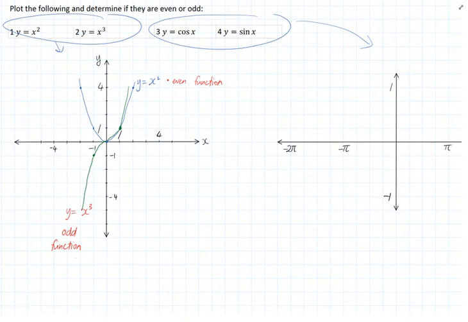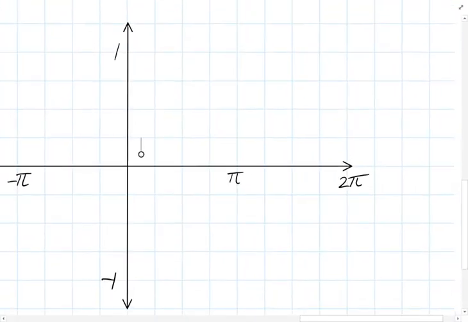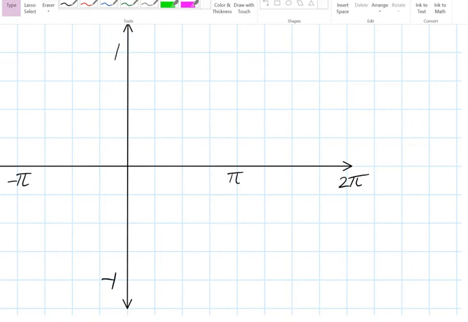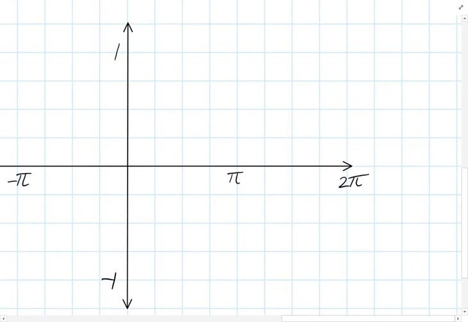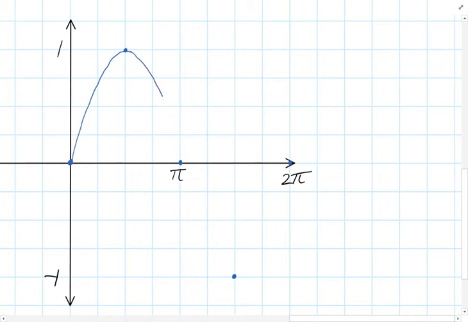So let's look at the graphs of sine and cos. With the sine graph, you should be able to get familiar enough with it that you can just sketch it straight up. The sine graph starts at 0, 0, peaks up at pi over 2, back down to 0 at pi, and then down to negative 1, and then back up again, and follows that cycle. So it looks something like this.